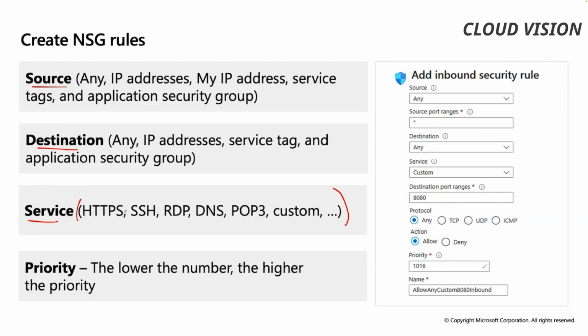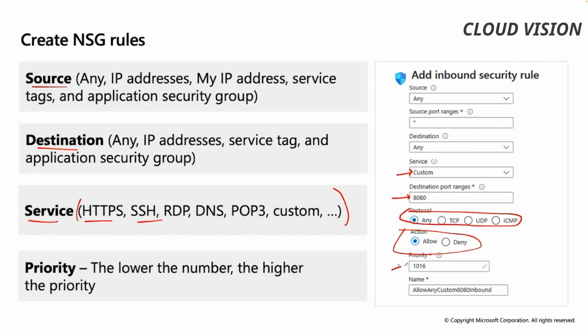But let's assume you have a port requirement or incoming traffic requirement which is not a standard port or protocol, then you can use custom. And when you use custom, you can define the port range or a single port. You can assign the protocol you want to use, and you can assign the action here.